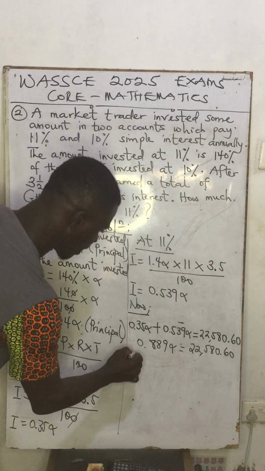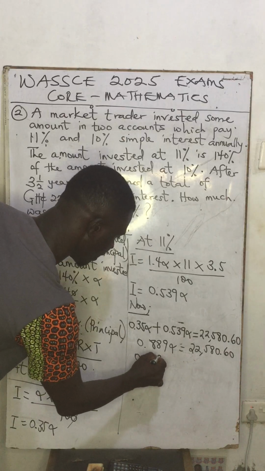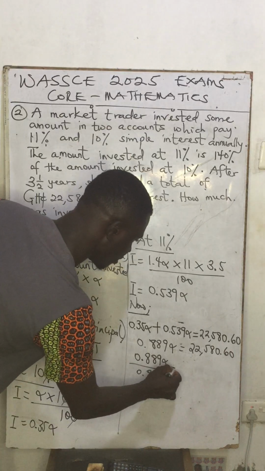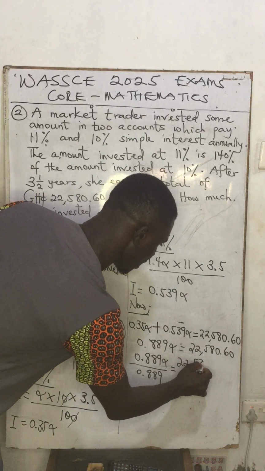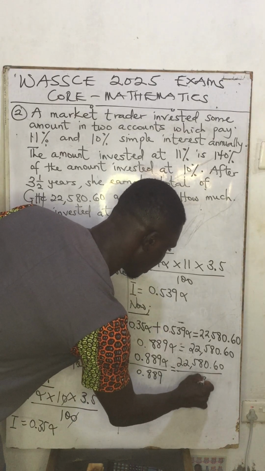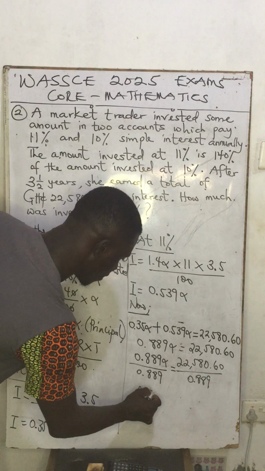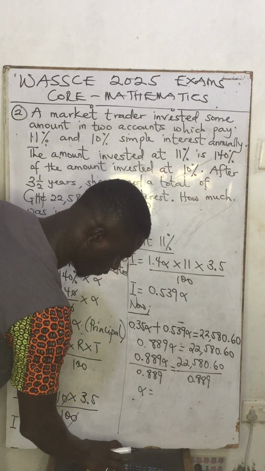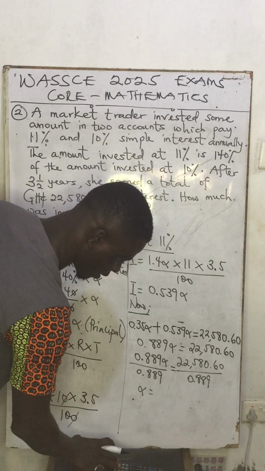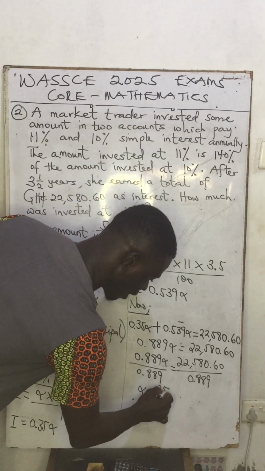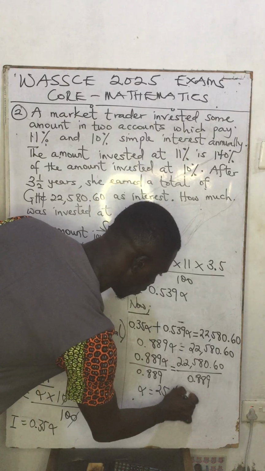Now we want alpha, so we divide both sides by 0.889. So our alpha will be equal to 22,580.60 divided by 0.889, and this will be equal to 25,400.